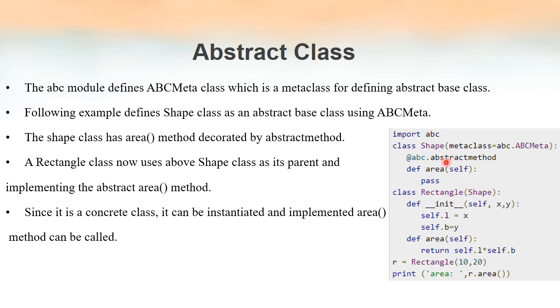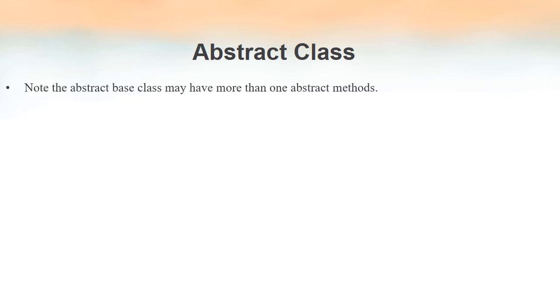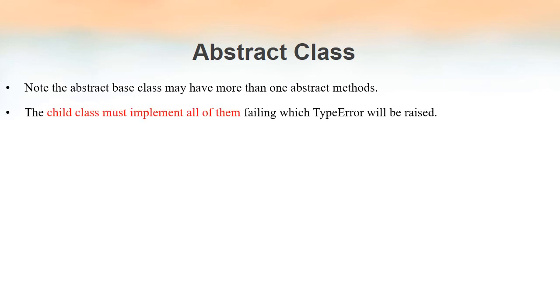Okay, so here the parent class Shape is an abstract class, and the child class Rectangle is a concrete class, and the Rectangle class behaves as a normal class. We can create objects and call methods. I had explained these two points before, but this is very important because an abstract class can contain one or more abstract methods. The child class must implement all of them without failing, because if any one of the abstract methods is not implemented inside the child class, it will lead to a type error.